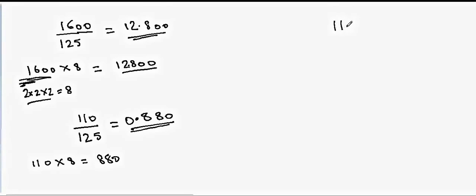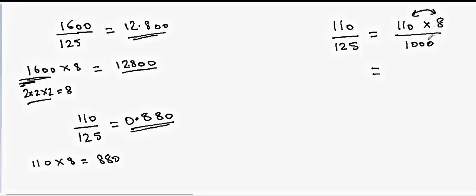I have 110 and I have 125, so that will be equal to 110 into 8 divided by 1000. In this case I'm just multiplying the number by 8 and then dividing by 1000. So that's equal to 880 divided by 1000, that's equal to 0.880.